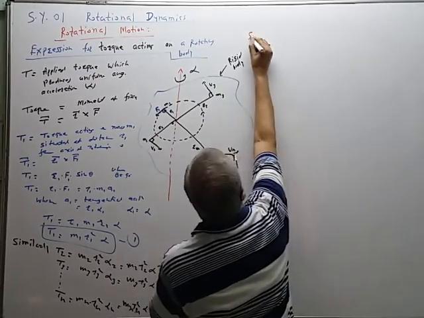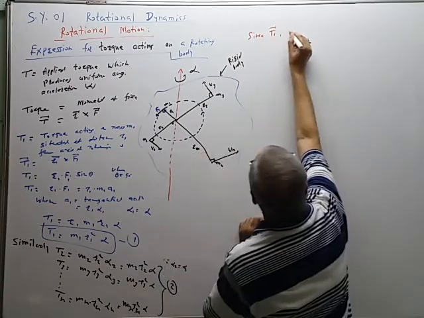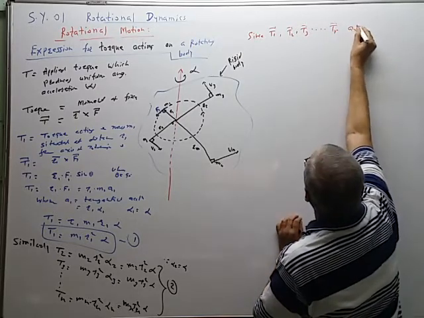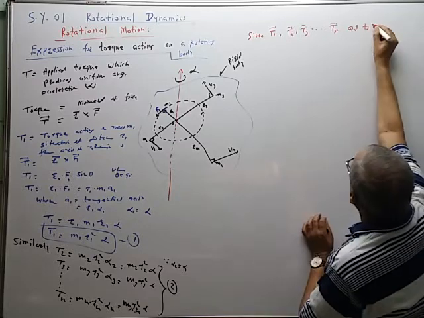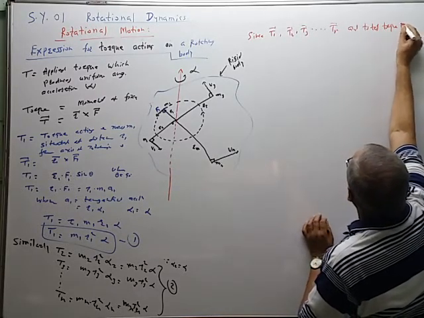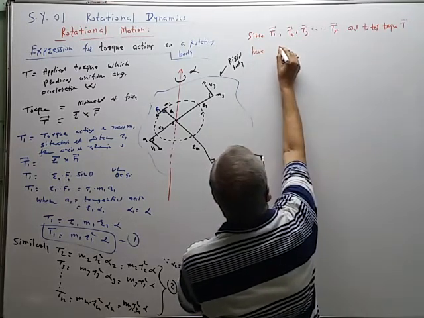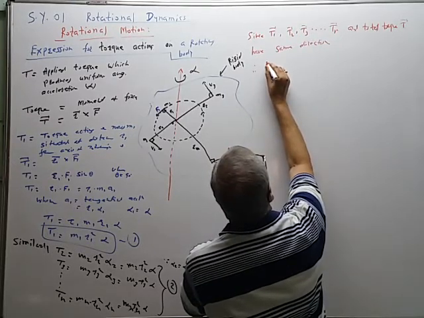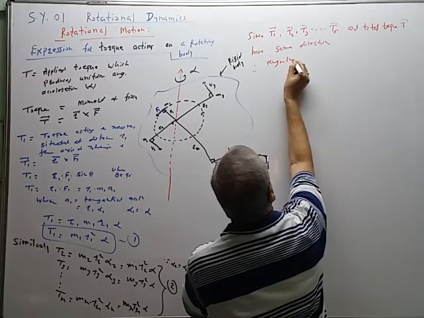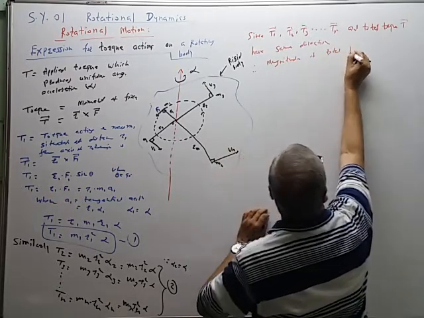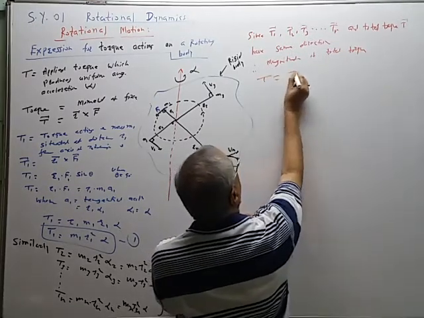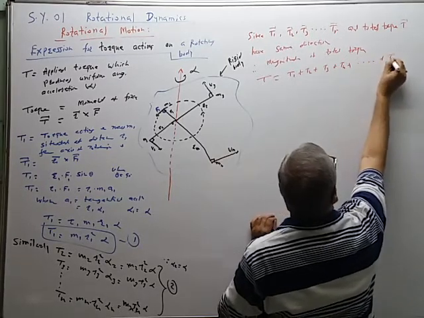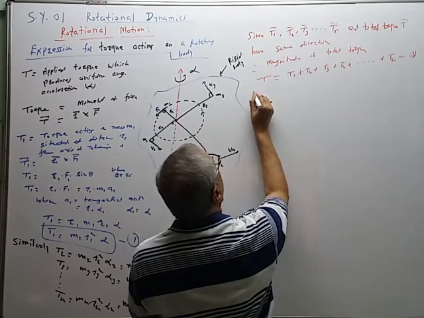Since vector T1, vector T2, vector T3, vector Tn and total torque T have the same direction, vertically upward, therefore the magnitude of total torque T is given by T1 plus T2 plus T3 plus T4 plus Tn. This is equation 3.